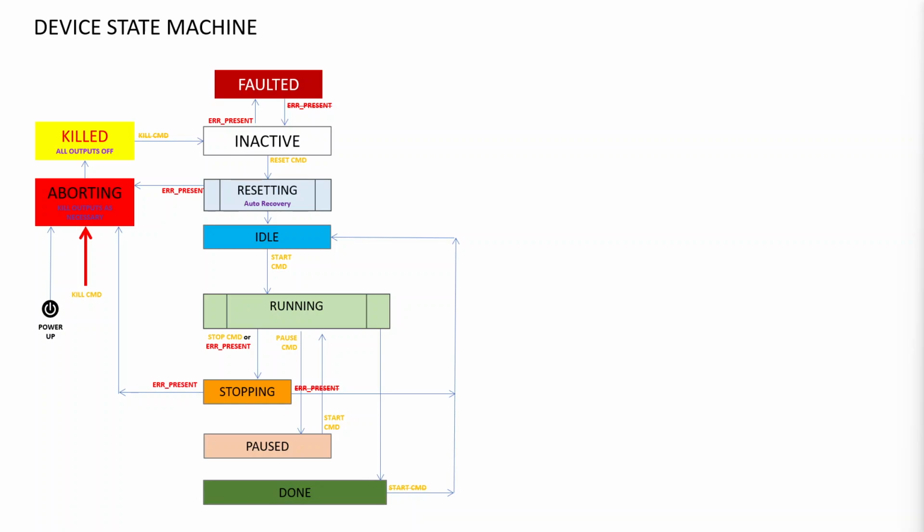Like I said, everything from the conductor down to the FANUC controller devices, all of those devices utilize this device state machine, and they utilize these different states, and they all effectively have the same meaning.